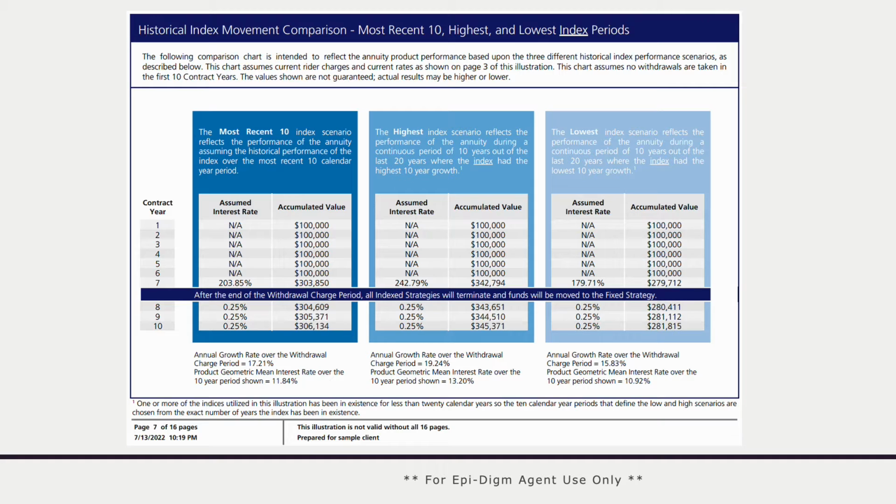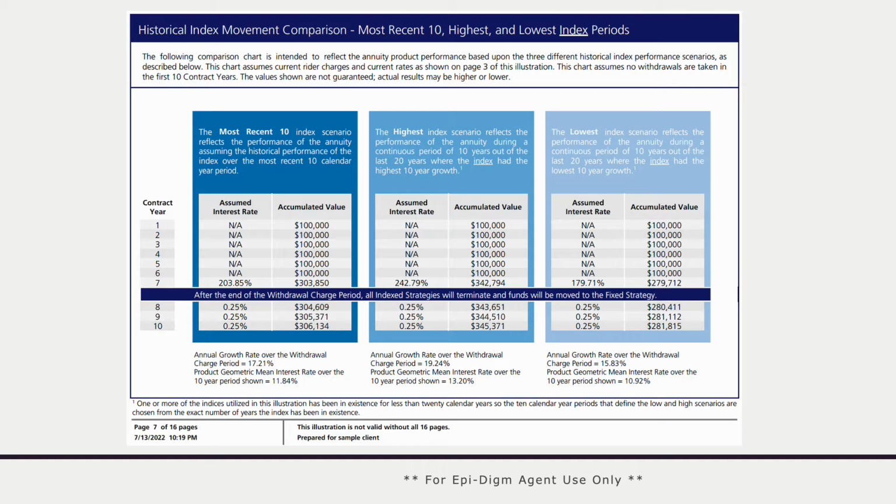Almost all IUL or fixed index annuities change the cap, spread, or participation every now and then. Whereas with this product, since the length of the segment is 7 years, you know exactly what your participation, cap, and spread are. It's not going to change over 7 years. That's the one good thing about this product.